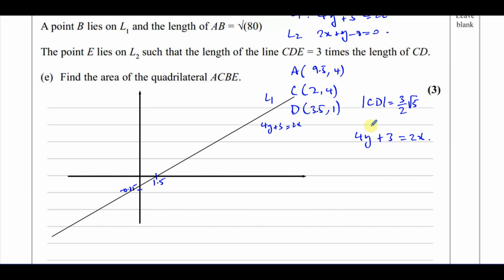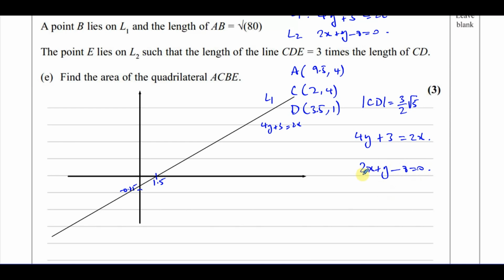Then we have line 2, 2x plus y equals negative 8. Now when x is 0, y is going to be negative 8. No, equals 8, sorry. Let me write it the way I wrote it up there, sorry about that. So 2x plus y minus 8 equals 0.